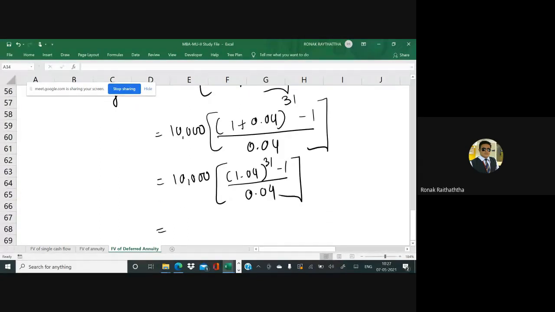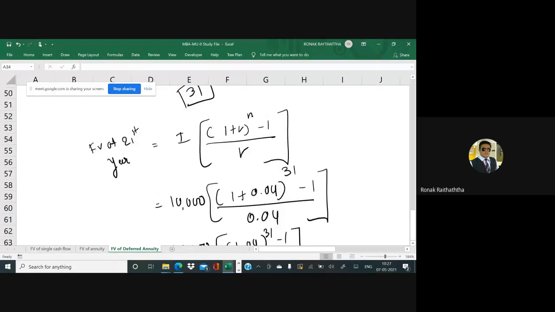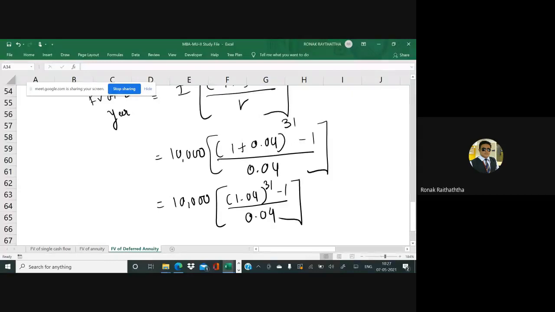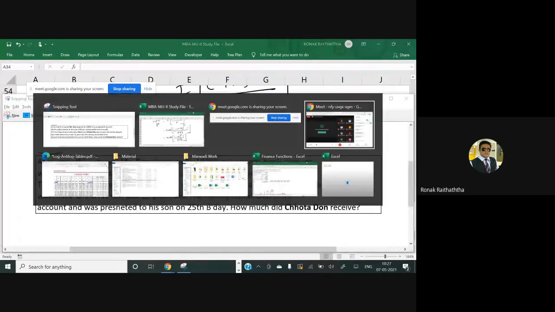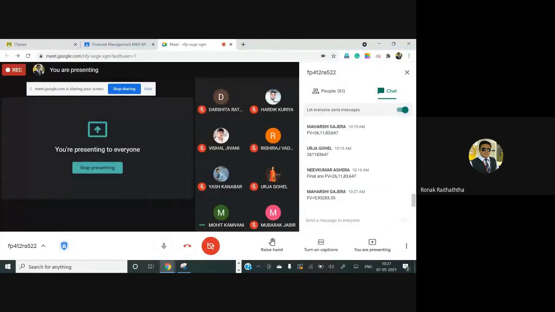Keeping it open. Now I'm not calculating this. I'm relying on your answers now. Let me give the answer of the FV at the 21st year. How many have got it? Mr. Maharshi has got it again. Mr. Maharshi is quite fast. I must appreciate him. Others also would have done it. Others may just cross verify this, please.